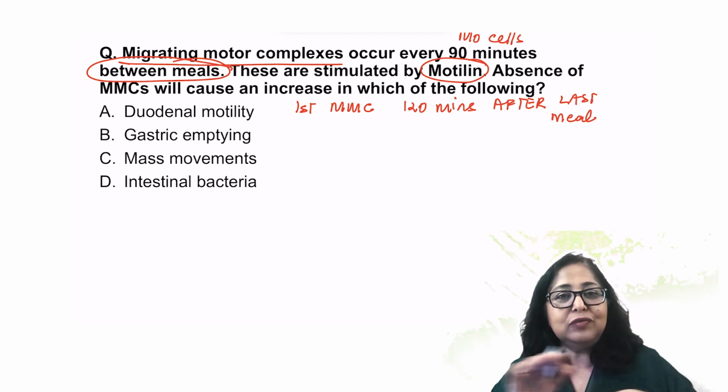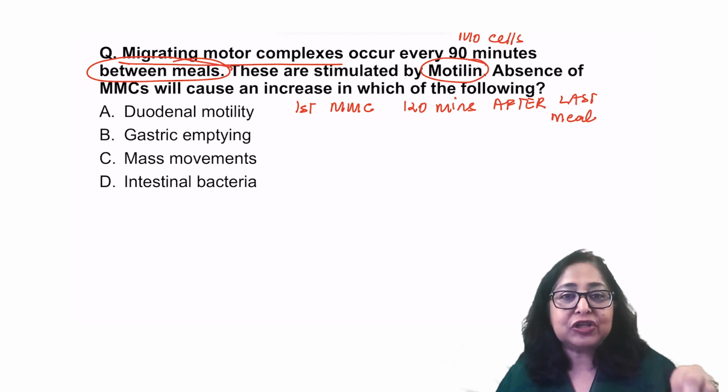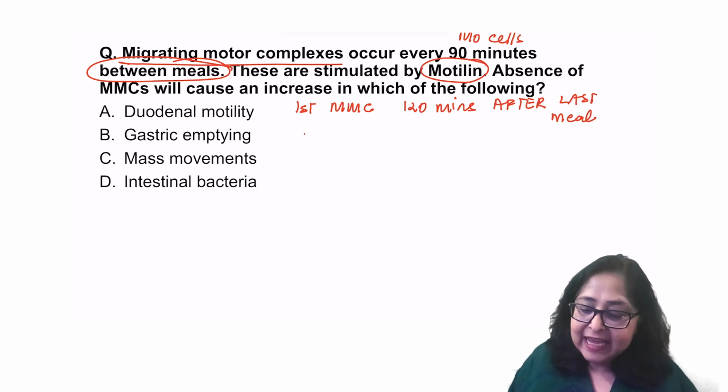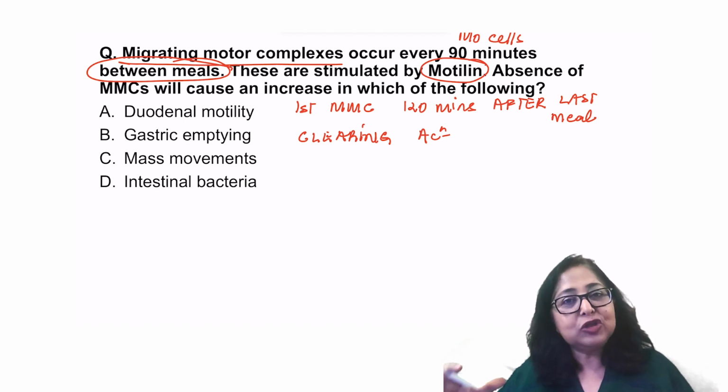The moment you eat your food, these are gone. So what is the function of the migrating motor complex? It has a clearing action. It removes all the food debris from the small intestine and pushes it towards the colon.